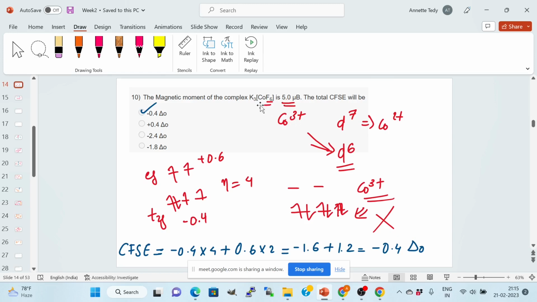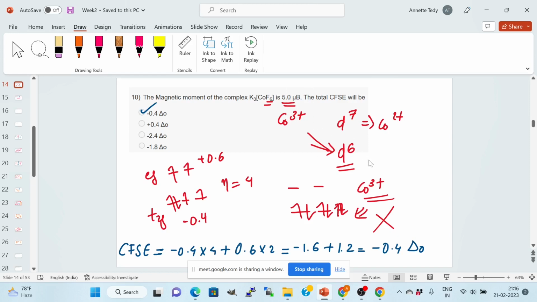Yes. So cobalt is in 3 plus state, right? So cobalt in 3 plus state has d6 electrons. Also we know that F is a weak field ligand, and even if you don't know that, they have given that the magnetic moment is 5, which means that there is at least one unpaired electron. Otherwise the magnetic moment will be 0.